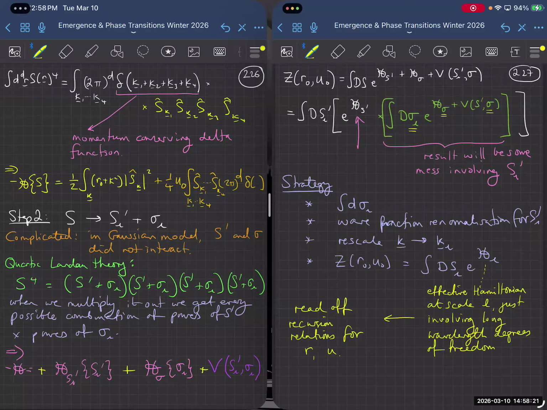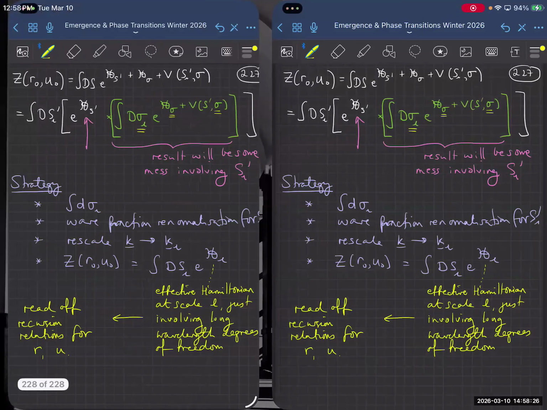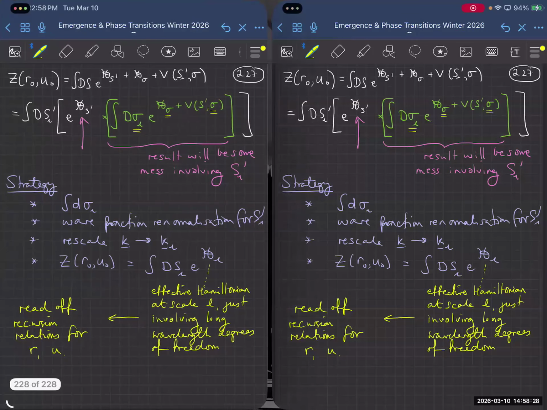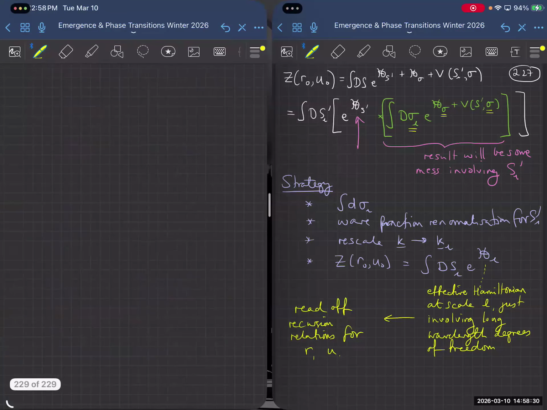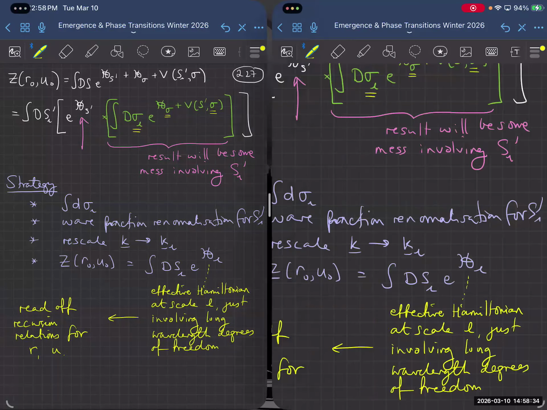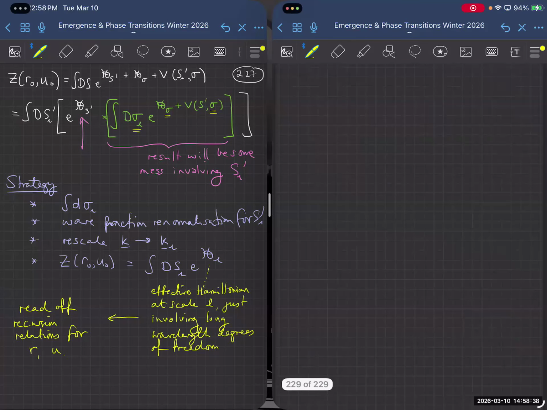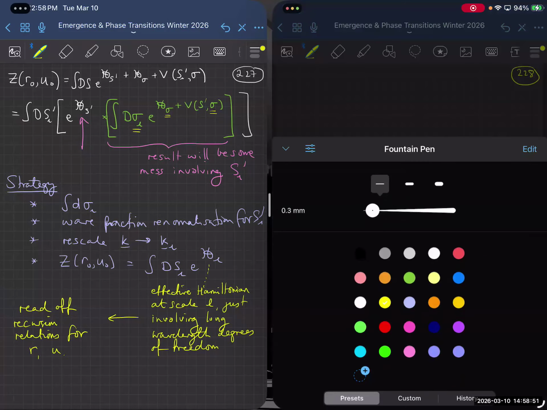Now remember what we did in real space. When we did this in real space, we defined a sort of zeroth order average, which was just with respect to the unperturbed Hamiltonian. So we're going to do that here. So let me now write that down.